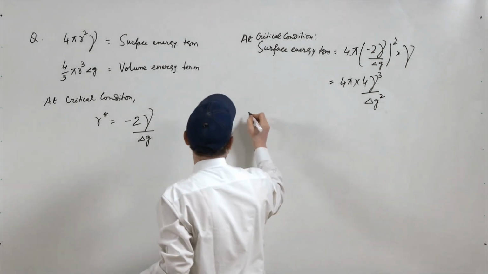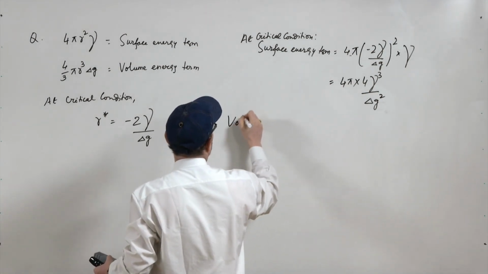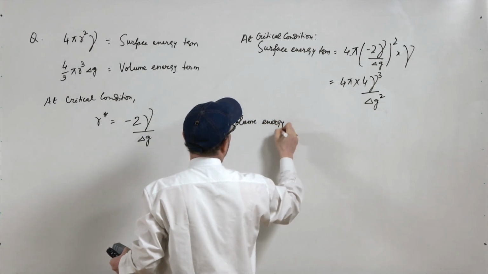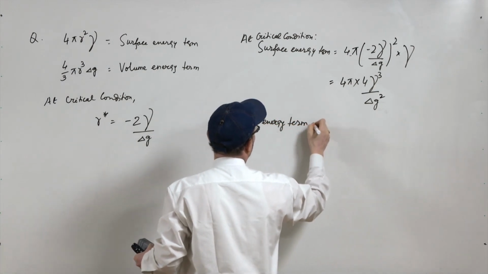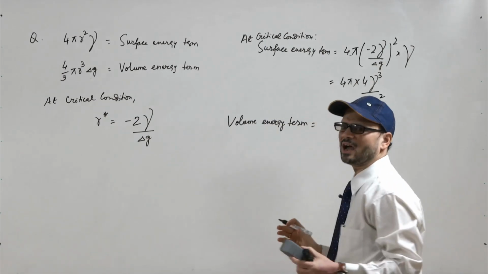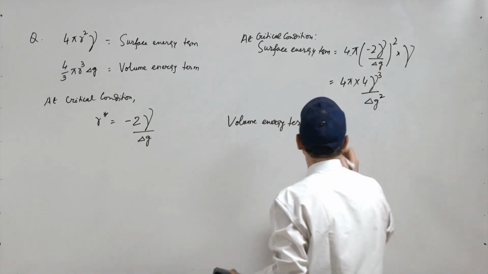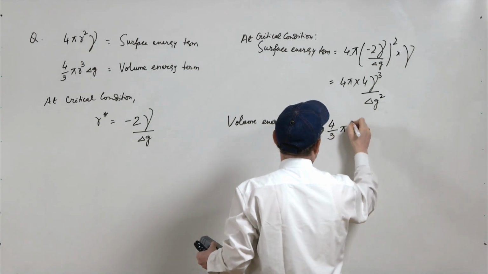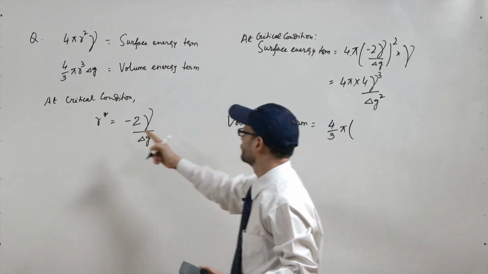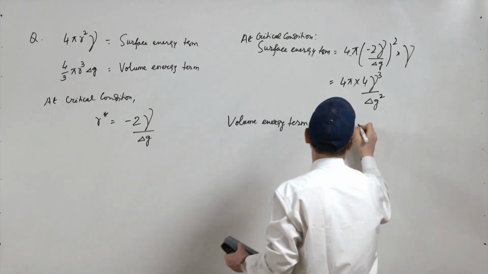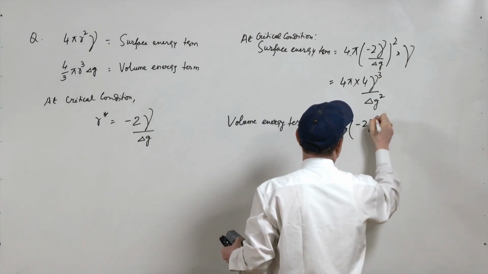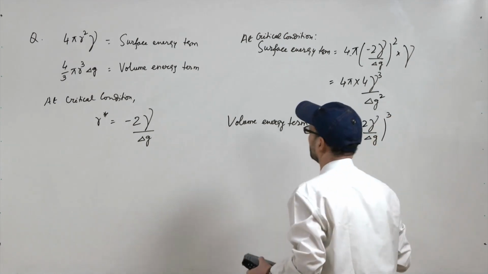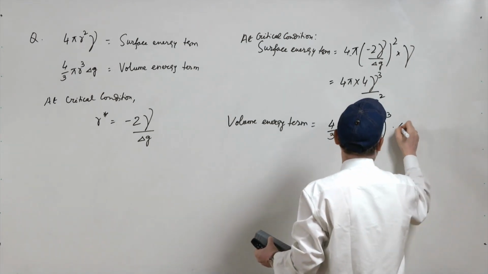Similarly, the volume energy term will be 4 by 3 pi r cube delta g. Again 4 by 3 pi, in place of r we put the r star value. So, it will be minus 2 times gamma upon delta g, raised to the power 3, into delta g.